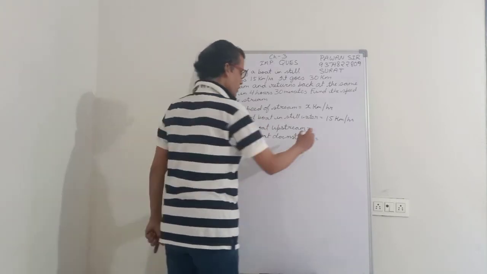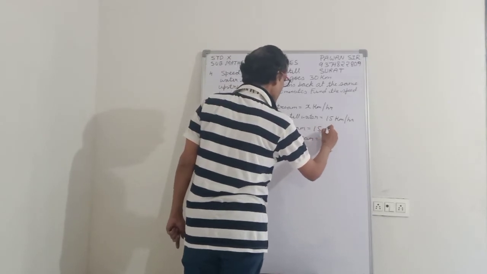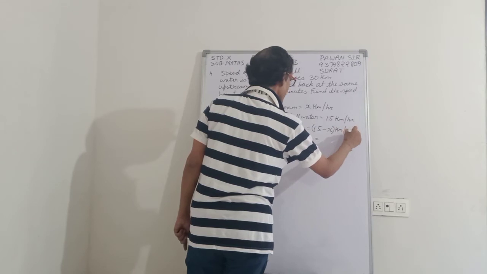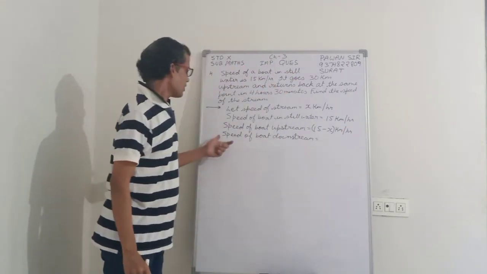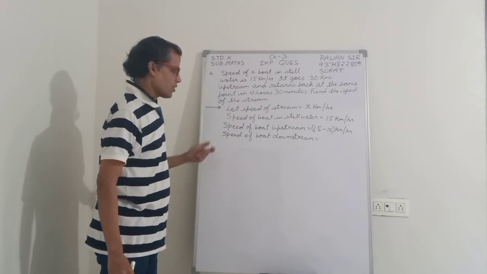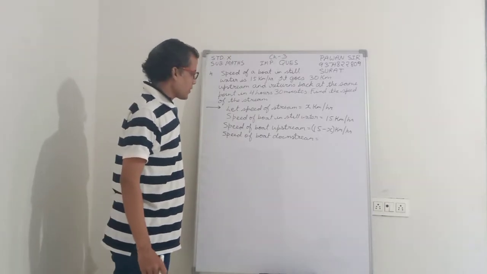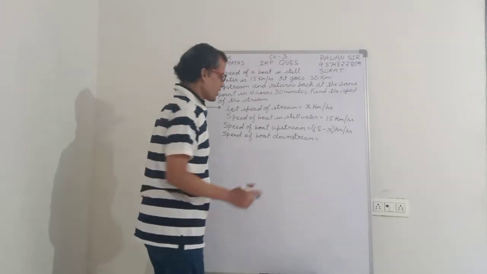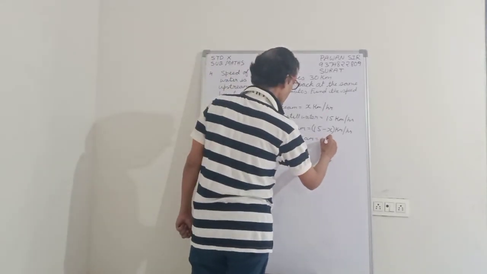So the speed becomes 15 minus x. Now in the second case, downstream. Downstream means the speed of the boat and the speed of the water are the same direction. So the speed increases, it becomes 15 plus x km per hour.